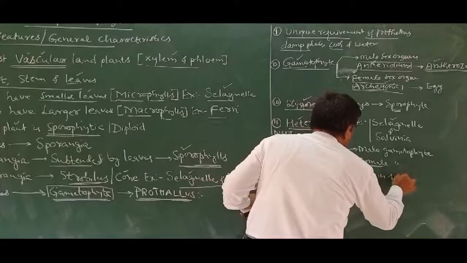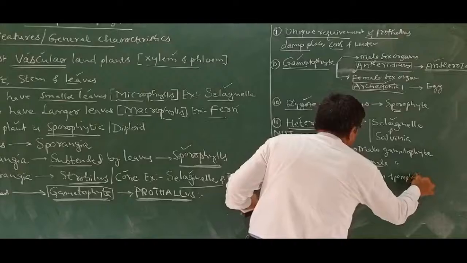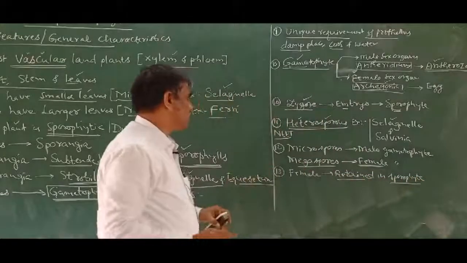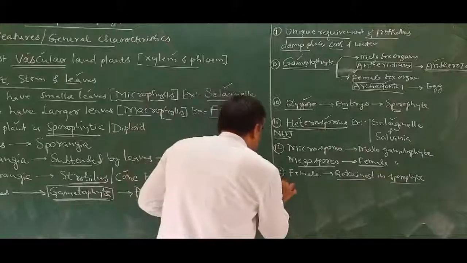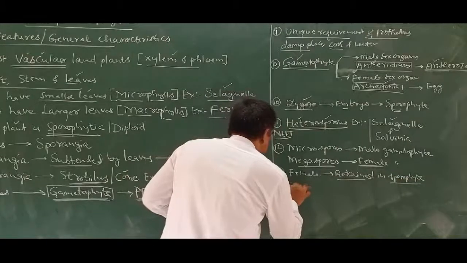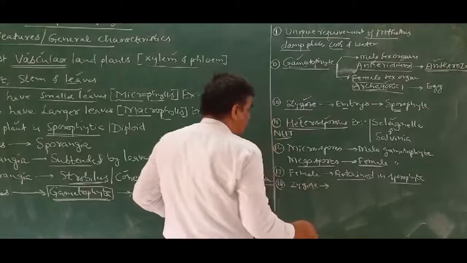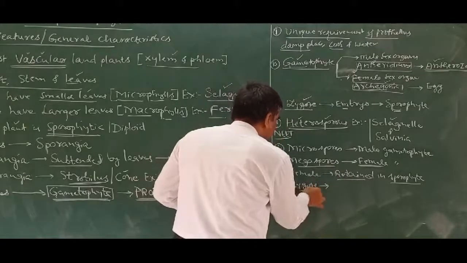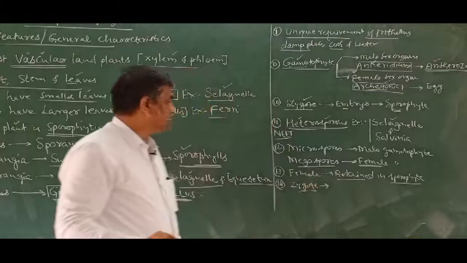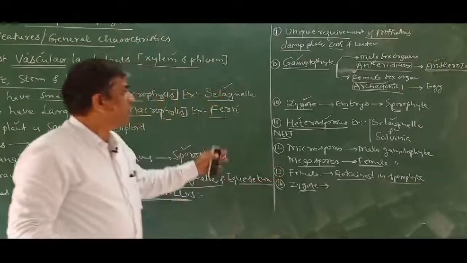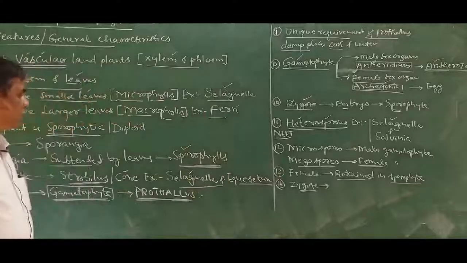Here you have to understand a little bit of the technical concept. And one more thing: the zygote develops into a young embryo in the female gametophyte, which is a precursor for the seed habit. Through this we can explain the evolutionary significance of these pteridophytes.